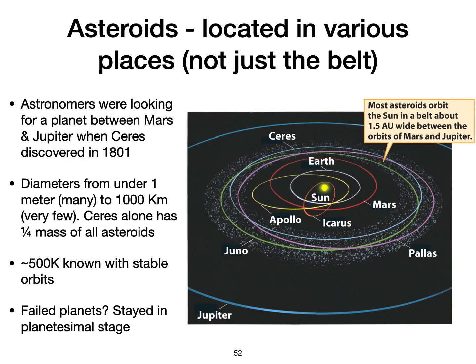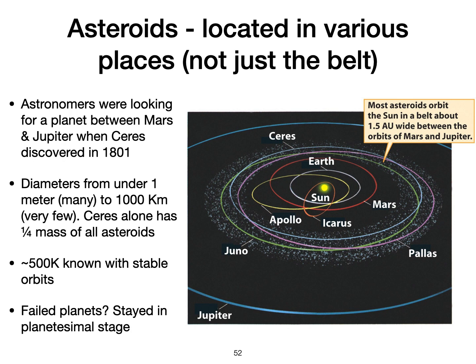Okay. So asteroids, though, are not just located in the asteroid belt. There are various places that they can be located in. The primary location, the majority of them, are between Mars and Jupiter. Their diameters could be around 1 meter, which is less than the size of a person, all the way to 1,000 kilometers.